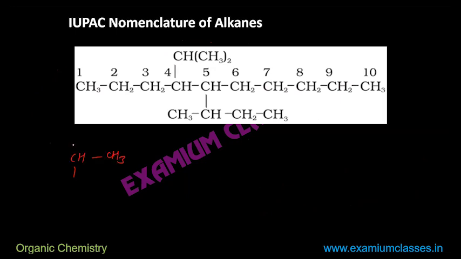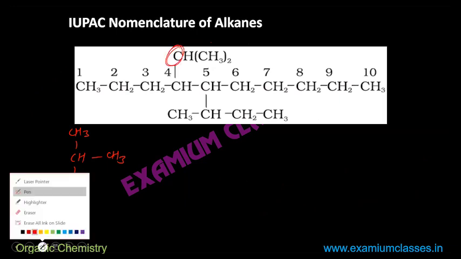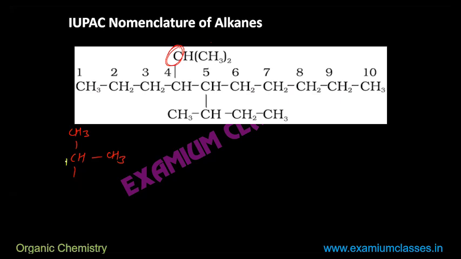On this CH carbon, you have two methyl groups attached. The carbon which is attached to the main chain, that is this one, will always be numbered as 1. After that, you can number this one as 2, or you can number this one as 2. It is symmetrical. You will choose any one.